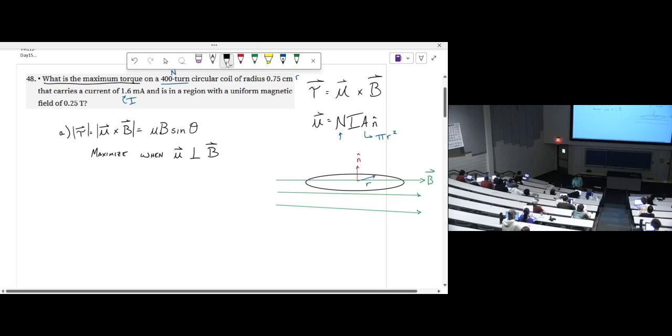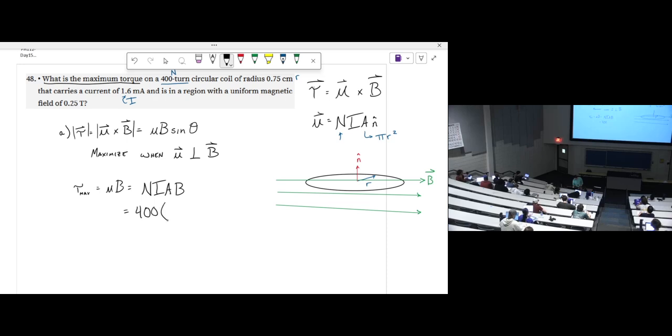So we just want that the maximum torque is equal to mu B, or that's equal to N times I times A times B. So that's 400 times 1.6 milliamp, which is 1.6 times 10 to the minus 3 amps, times an area of pi times R, which is going to be 0.75 times 10 to the minus 2 meters, squared, times the magnetic field strength of 0.25 Tesla.